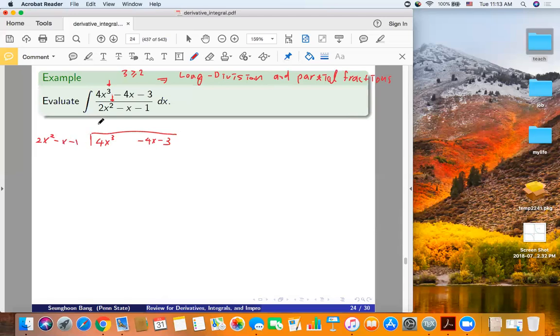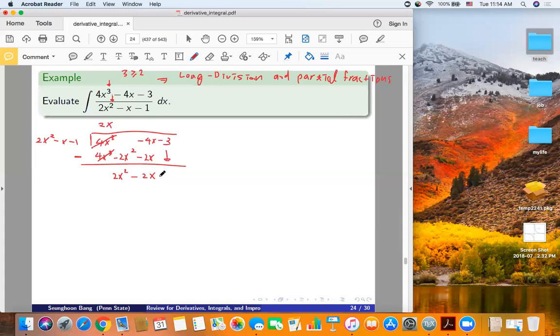We need 2x first. 2x times 2x squared is 4x cubed. 2x times negative x is negative 2x squared. 2x times minus 1 is negative 2x. Next, subtract. 4x cubed is crossed out. 0 minus negative 2x squared is positive 2x squared. Negative 4x minus negative 2x is minus 4x plus 2x, which is negative 2x.